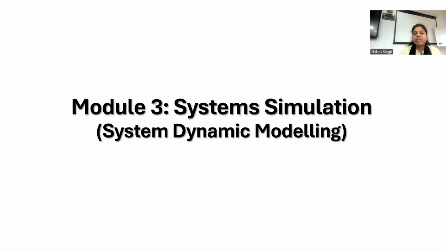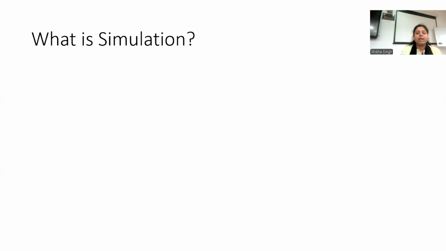So here I'll be covering the system simulation part. Though there are several simulation models in research and other practices, I'll be covering system dynamics modeling, which has been developed precisely to understand the dynamics of a system. And a system can be anything, as you know in advance. So what is simulation?